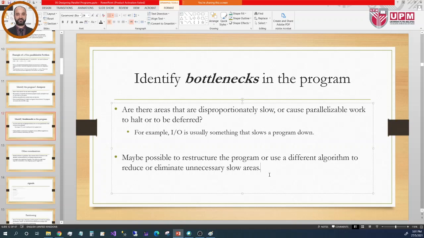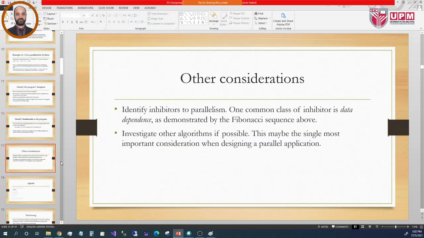If you change it to SHA or Skipjack or whatever, then the customer or the organization will not be satisfied, right? Some things have to obey the rules, the regulations and the requirements of the organization and the customer, even if they are very slow, unless the requirements allow a change. Okay. Other considerations here: identify inhibitors to parallelism.